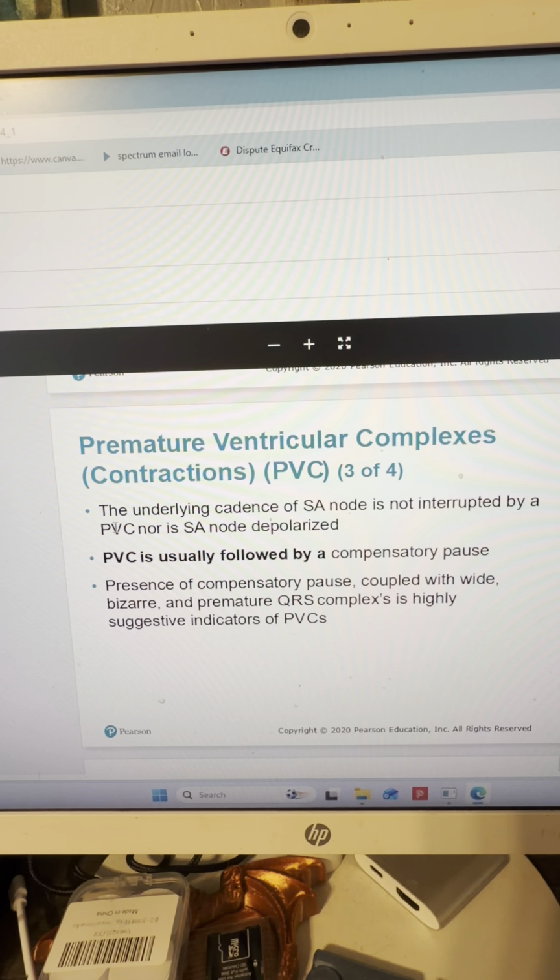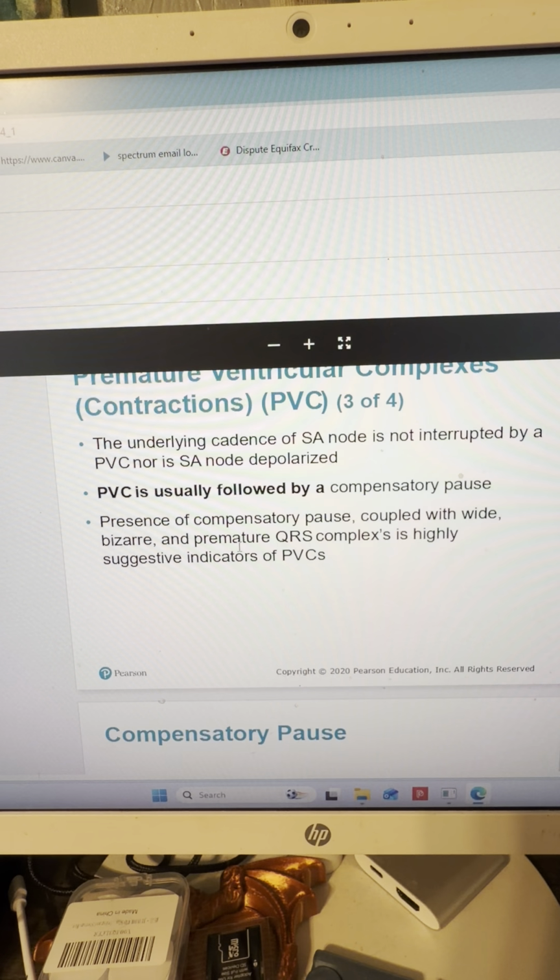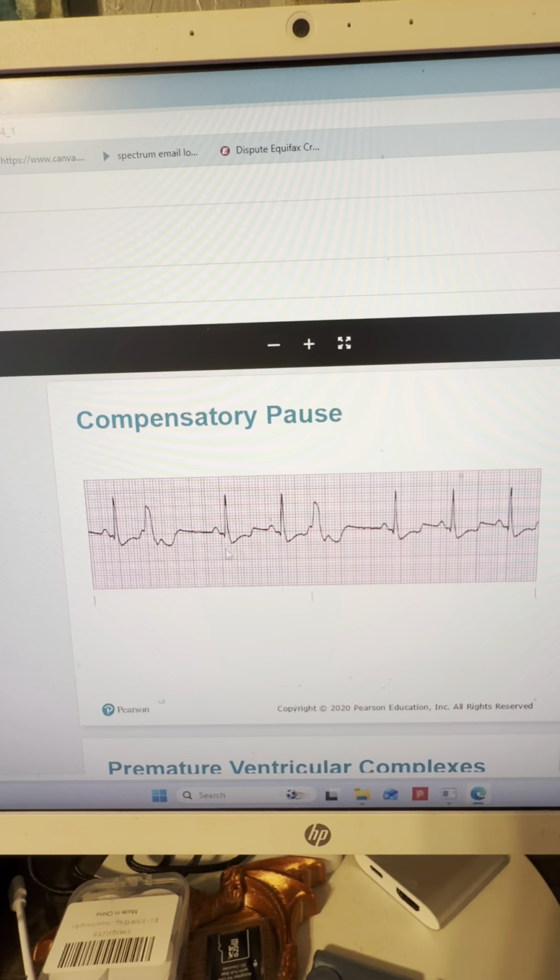So the underlying cadence of the SA node is not interrupted by a PVC, as the SA node depolarized. You'll have a sinus rhythm, then your PVC, followed by a compensatory pause, and then it comes back to the normal sinus rhythm or whatever the underlying rhythm is. So here we see that. We have P, QRS, and then your ventricle is like, I want to play this game.